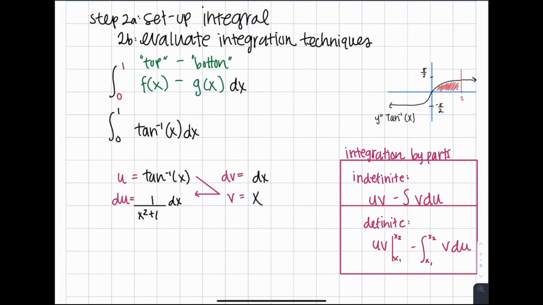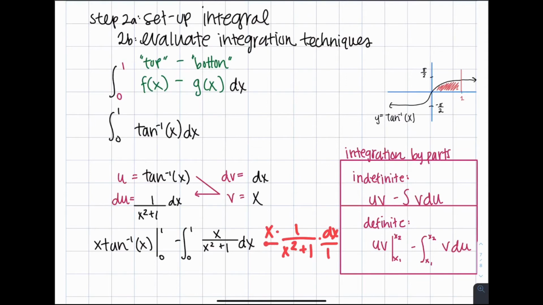Now we can set up our equation, which is u times v, or in our case, the inverse of tangent times x, evaluated between 0 and 1, all minus the integral of those same boundaries, 0 and 1, of v times du, or in our case, x all over x squared plus 1 times dx.